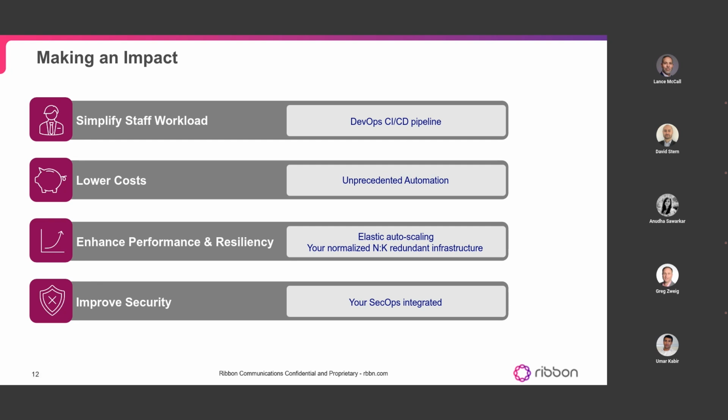We talked about the examples of auto scaling and resiliency that's available to you with a cloud native offer that hasn't been there before with predecessor offers. Much harder to realize, and introduces significant additional costs as a result. And then you can go about improving security with your security operations practices being integrated. So this is a critical point that I think it's important to spend a few moments on.